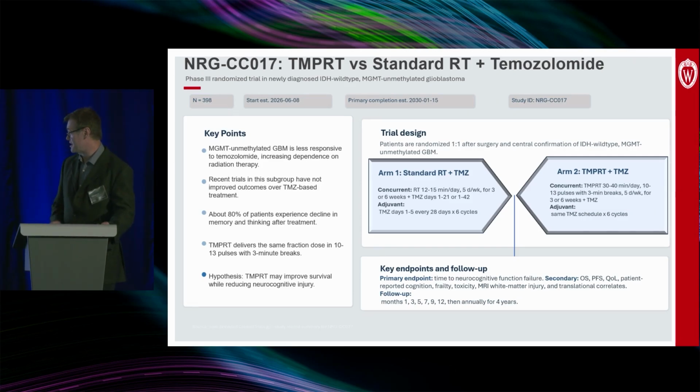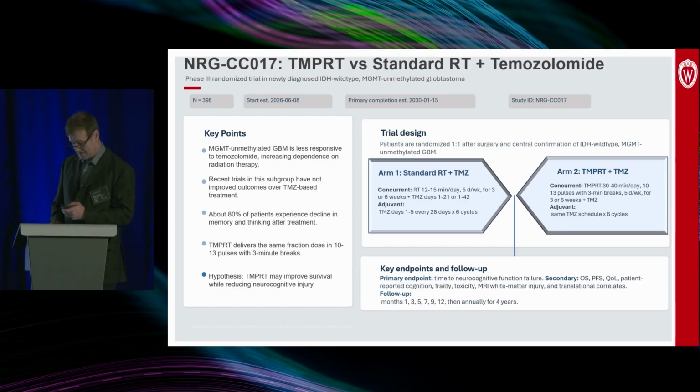And so this arm will randomize between the temporally modulated pulsed radiotherapy, TMPRT, versus just the normal standard fractionation. And so this will be the first phase 3 data that is available for this technique.